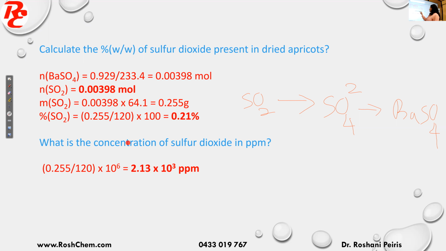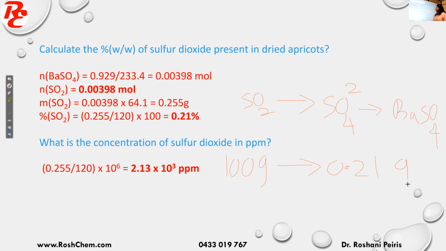What is the concentration of sulfur dioxide in ppm? So this is the percentage. It's asking what is the concentration in ppm? So what is ppm? How much sulfur dioxide is present in parts per million? Parts per million means 1 million parts. Percentage means if you take 100 grams of sample, you can find 0.21 grams of sulfur dioxide.